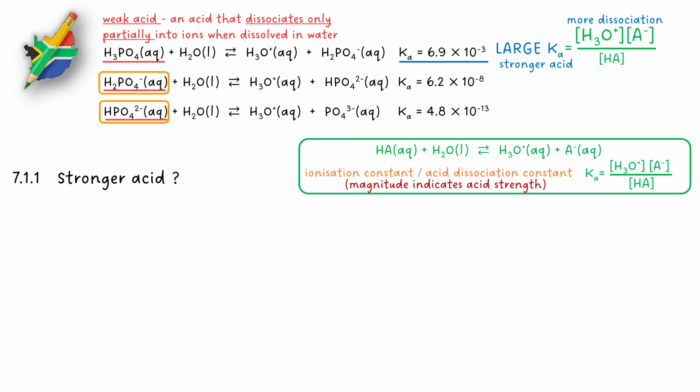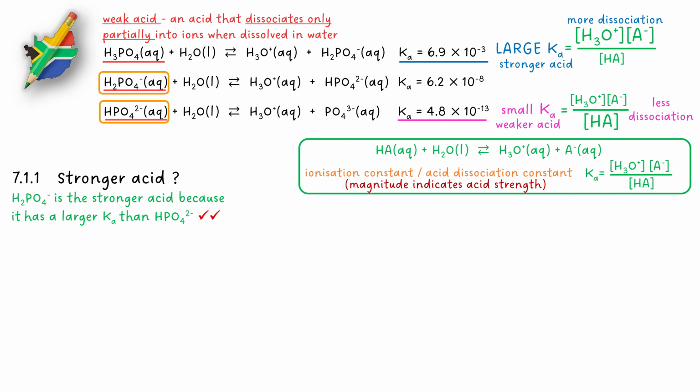In other words, there is more dissociation and a higher concentration of product ions compared to a small Ka value, like the one in the third equation. A small Ka value indicates a weaker acid. In other words, there is less dissociation and a lower concentration of product ions.